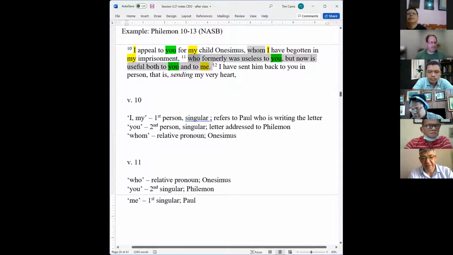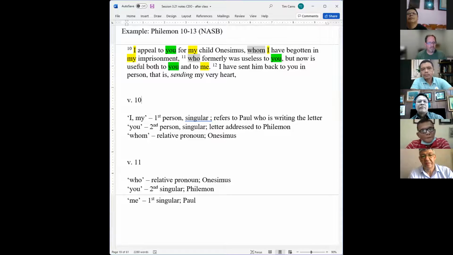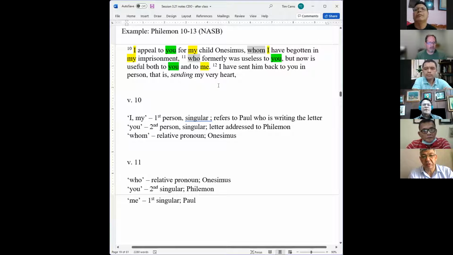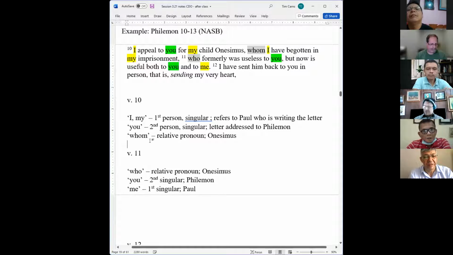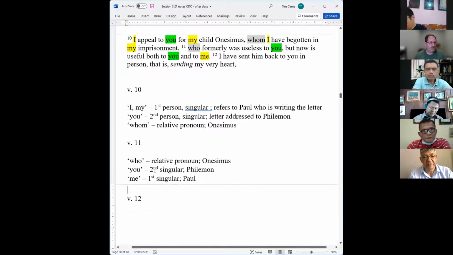Any others in verse 11 here? I don't see any. Okay, great. All right, James, back to you. Verse 12. Any pronouns you see there?